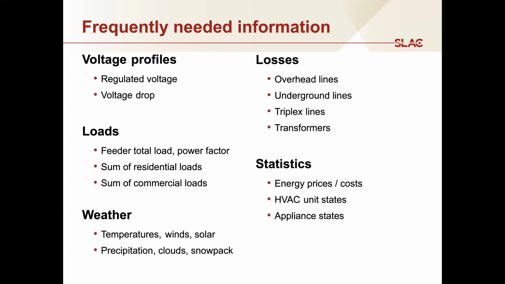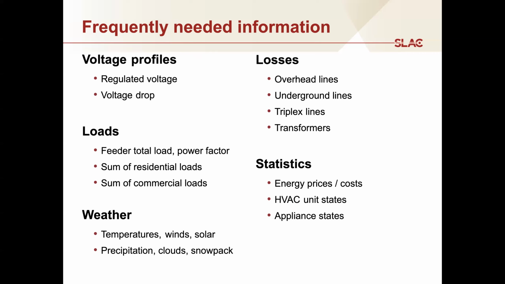So as a general rule, the kind of information that we need in a GridLAB-D simulation, depending on the kind of problem you're studying, you will either provide this information or it will be provided by the simulator as a result of your simulation. But you should expect to either provide or get voltages on the nodes.